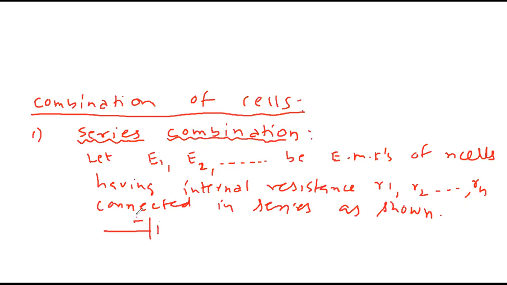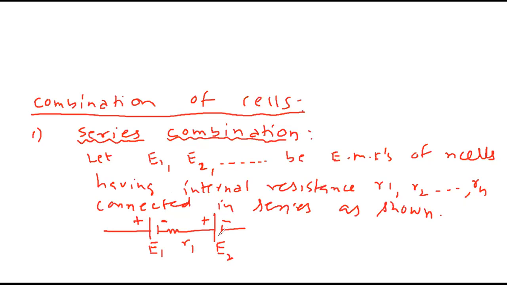This is positive, negative, one cell E1, internal resistance R1. If I connect the second cell's positive here, means negative is connected to positive, then it is called proper connection in series.